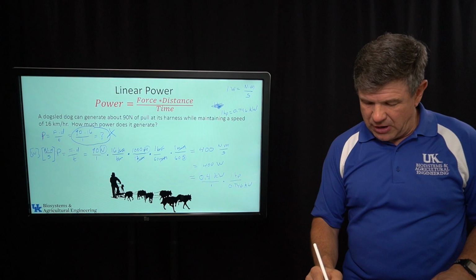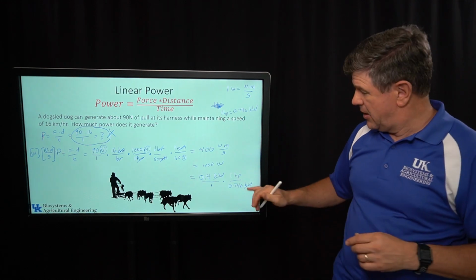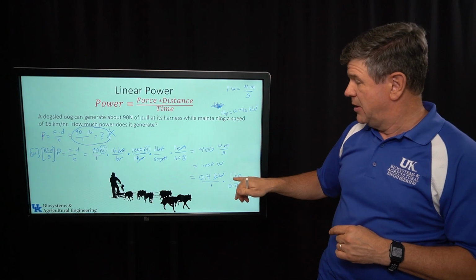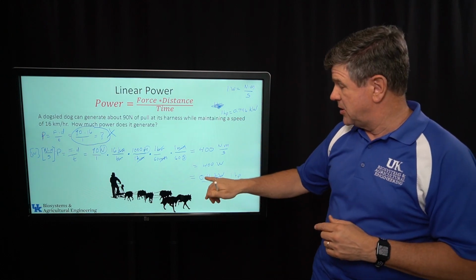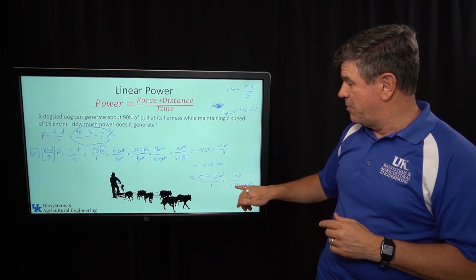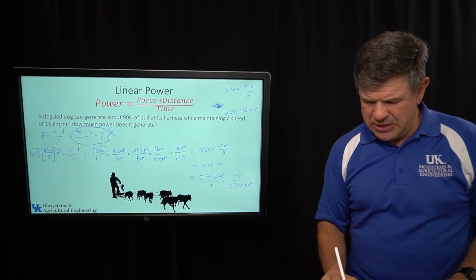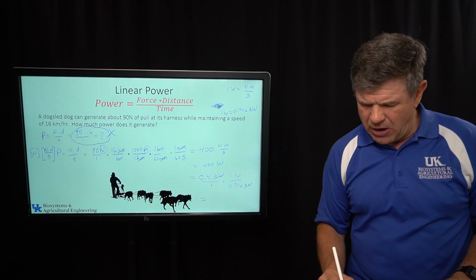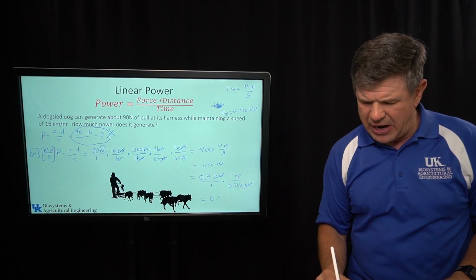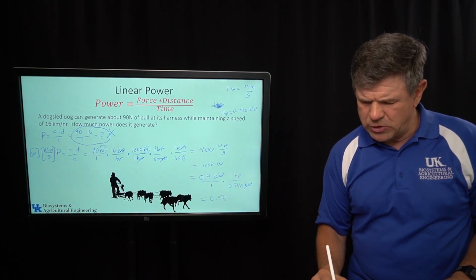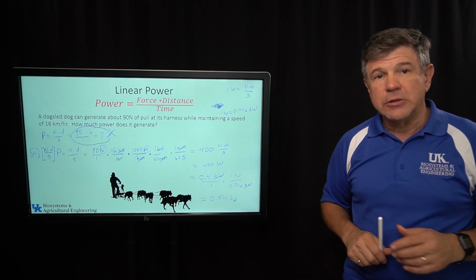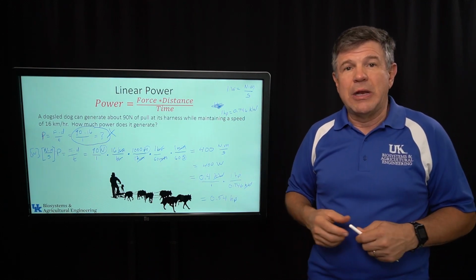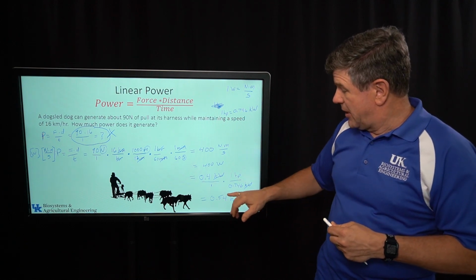That's going to cancel off my kilowatts down here. So the kilowatts and kilowatts are canceled off, and I'm left with just horsepower. So if I put this in my calculator and say 0.4 divided by 0.746, this is going to tell me that my horsepower rating for that dog sled is 0.54 horsepower.